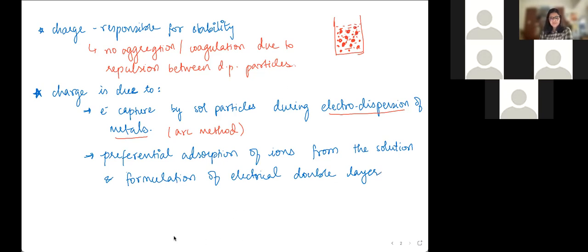Okay. So here the main keywords that you need to note are preferential adsorption of ions from the solution, meaning basically we're talking about the dispersed medium. And there's an electrical double layer that is being formed.